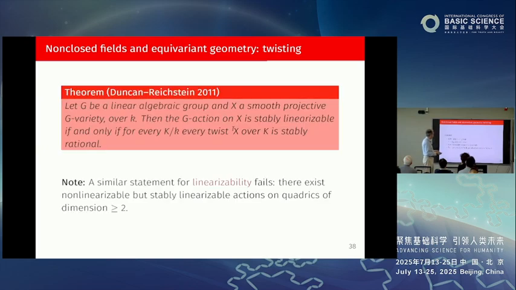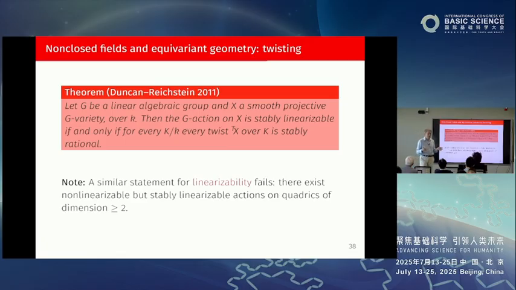All right. So here is a theorem of Duncan and Reichstein that says the following. Suppose you have a smooth projective G-variety over some field, then the action is stably linearizable if and only if for every overfield and every twist via some G-torsor over that field, the corresponding variety over that field is stably rational.